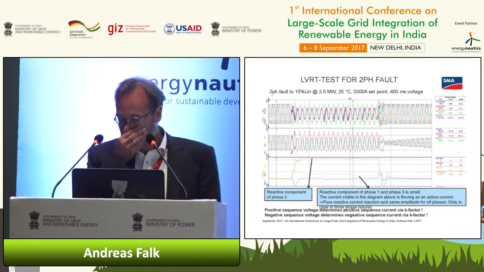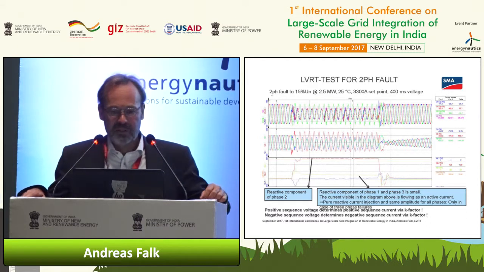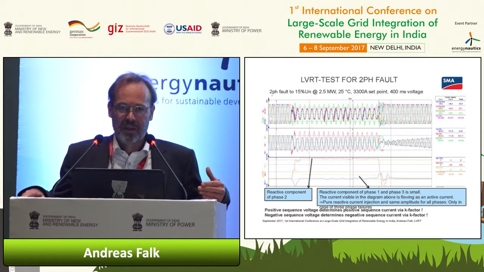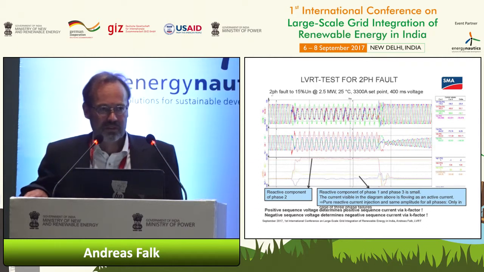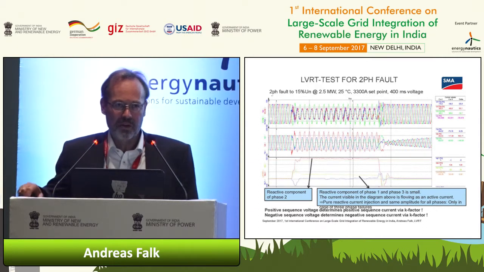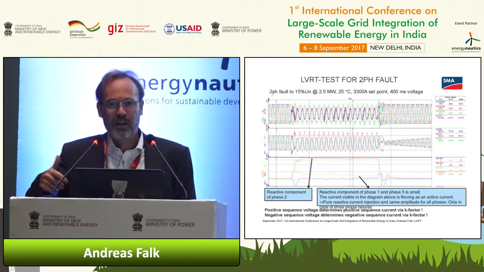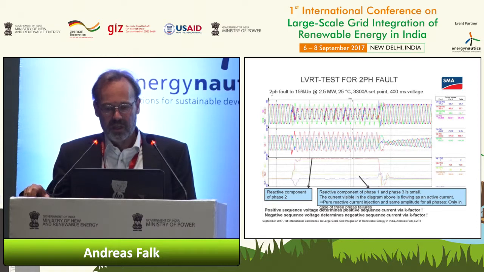And I will show the results for asymmetrical failures. To be honest, in most cases the failures are unsymmetrical, because normally only one or two phases are affected by a failure, not all three phases.